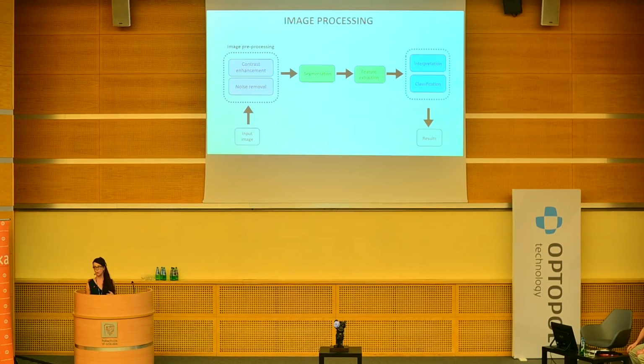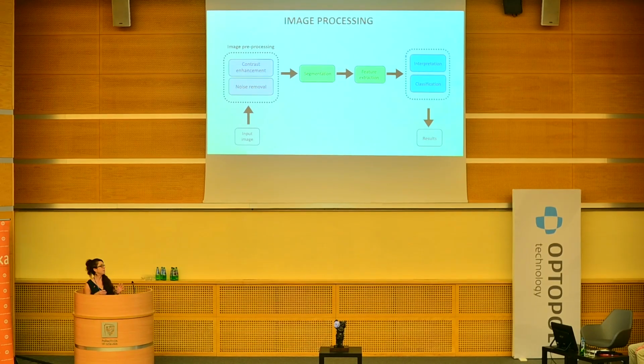Normally, when we are processing images, we have an aim, which is either to segment a structure, or to extract features from some structures, or even to classify in order to produce a diagnosis. Whatever our objective is, we almost always start with the pre-processing step of image analysis.